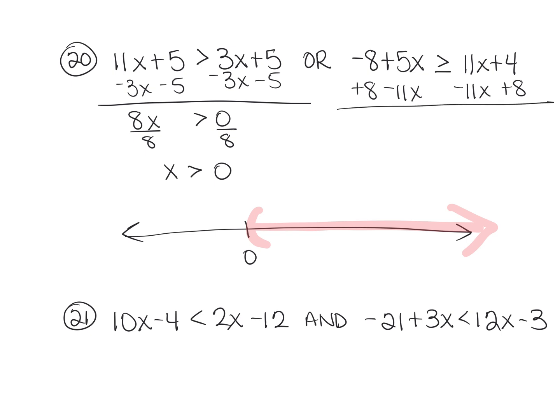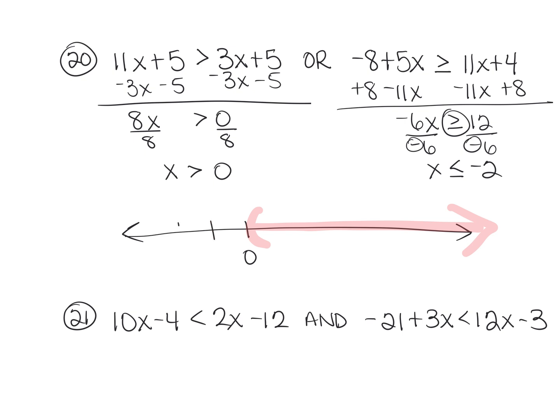All right, so we have 5 minus 11 is negative 6x. I have greater than or equal to. The x's on the right side are gone, and I get 12. And then when I divide by a negative 6, I have to be very careful that I flip this sign. So I get that x is less than or equal to negative 2.